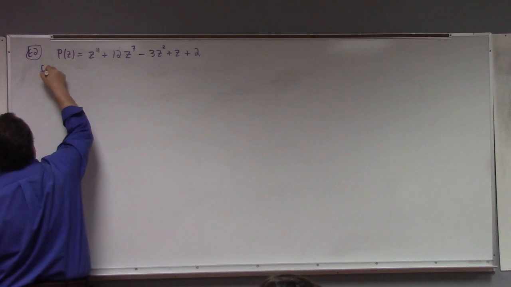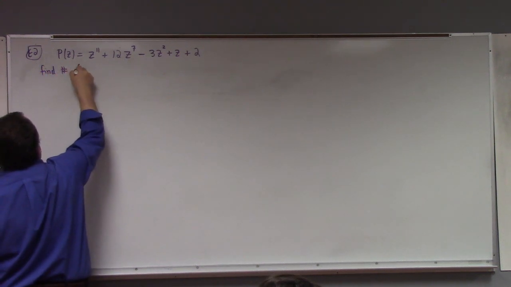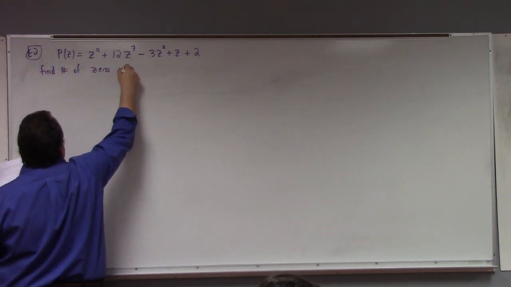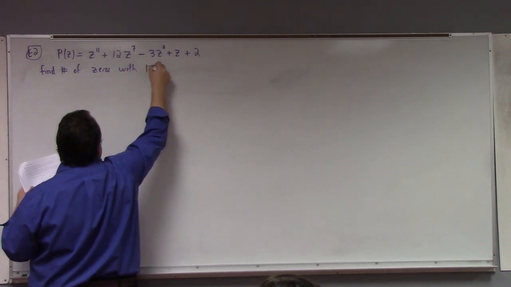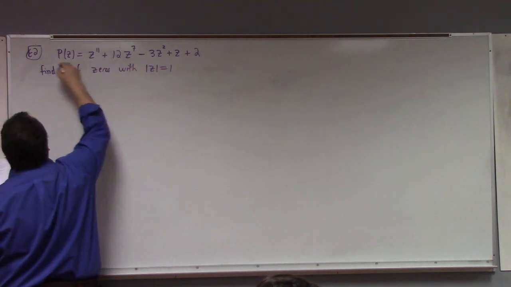And we're supposed to find the number of zeros within the unit circle.